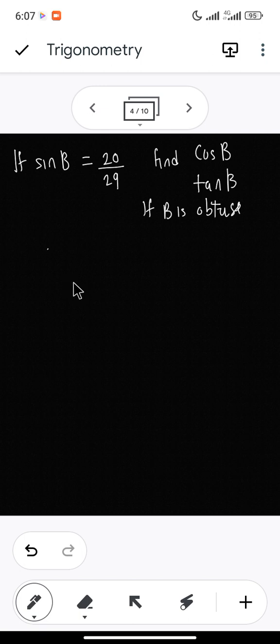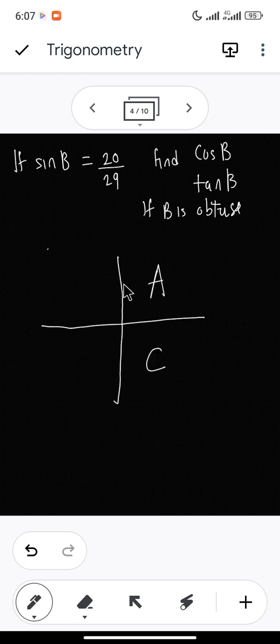Now what you're going to do here is that there's something called quadrants. There are 4 quadrants. We have first, second, third, fourth. Now there's a way I map this out. I call it CAST.